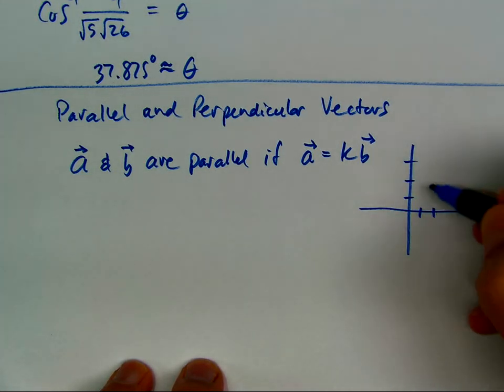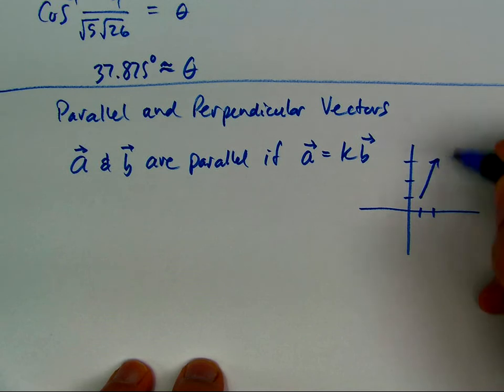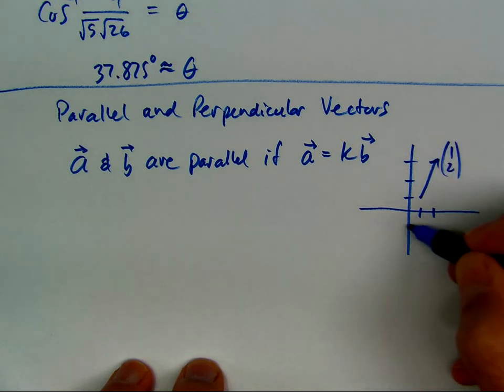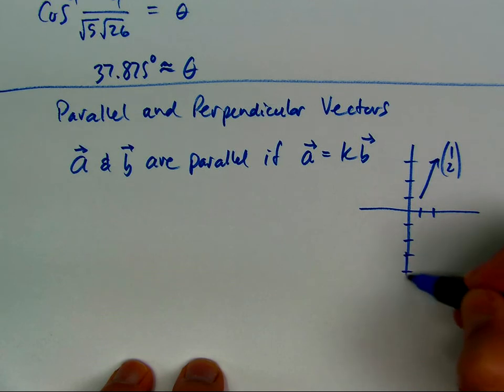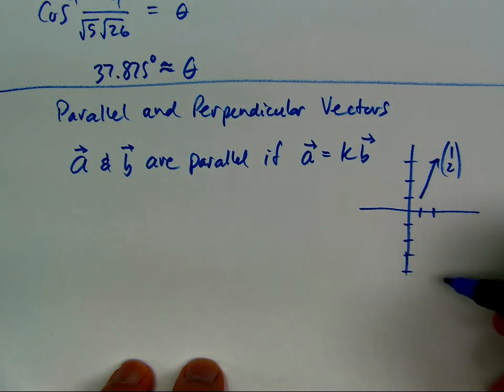If we have the vector over 1 up 2, so here's the vector 1, 2. And then we can draw, starting somewhere else, the vector 2, 4. So let's go down here, and then we're going to go over 2 up 4.